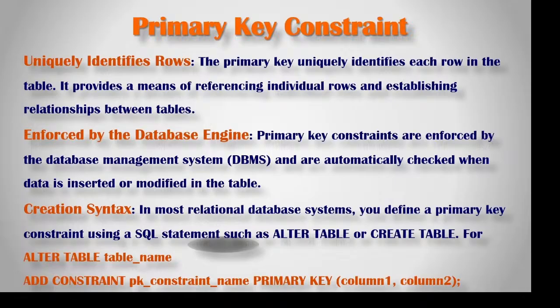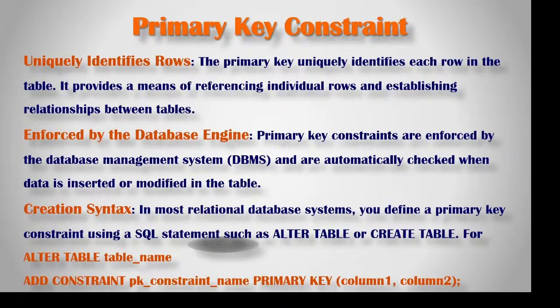It provides a means of referencing individual rows and establishing relationships between tables. Enforced by the engine. Primary key constraints are enforced by the Database Management System (DBMS) and are automatically checked when data is inserted or modified in the table. Creation syntax.